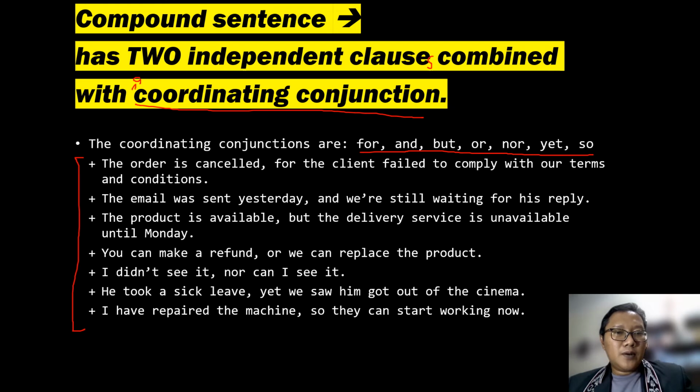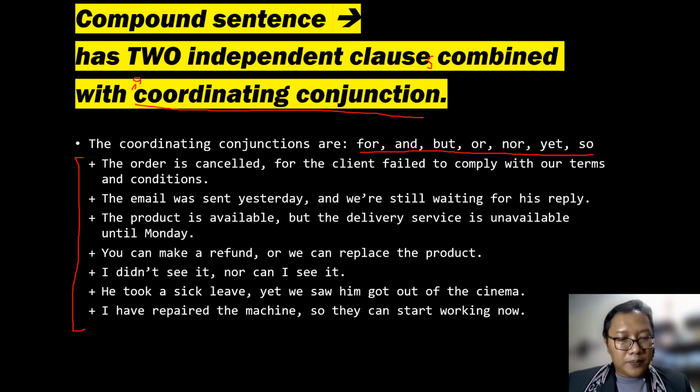These are compound sentences. The order is cancelled for the client failed to comply with our terms and conditions. We will not talk about this in depth because it will need another session, but I just want you to learn the different types of sentences here.